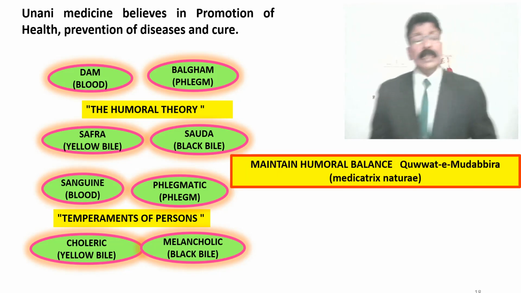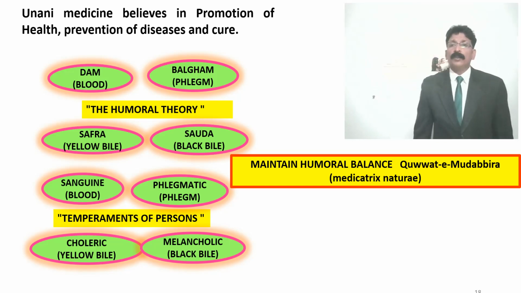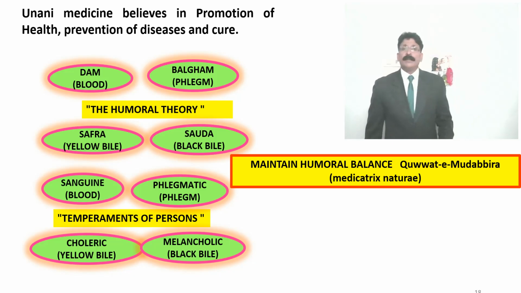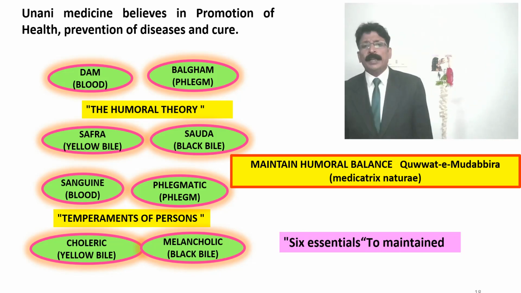Maintaining the humoral balance is called in Unani Quwwat-e-Mudabbira, or you can say Medicatrix Naturae. Six essentials are to be maintained in Unani medicine.